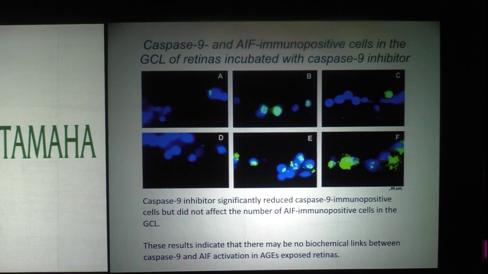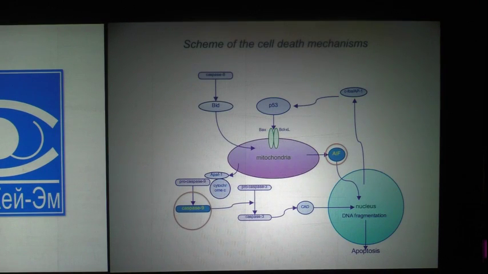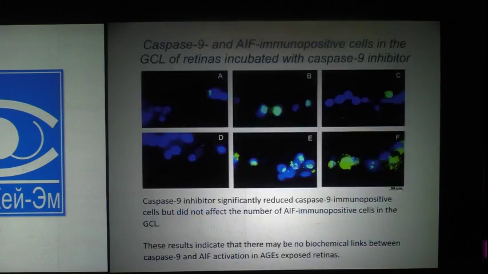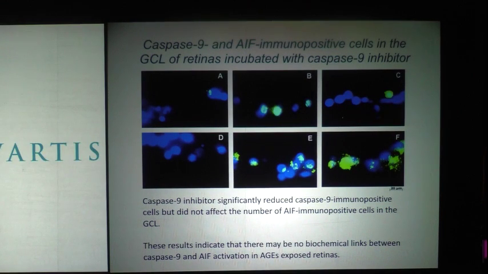And to find if there is any biochemical link between caspase-9 and apoptosis-inducing factor, we used the caspase-9 inhibitor, which shows, if you see on the top, that the caspase-9 inhibitor significantly reduced the number of caspase-9 immunopositive cells in the C picture.